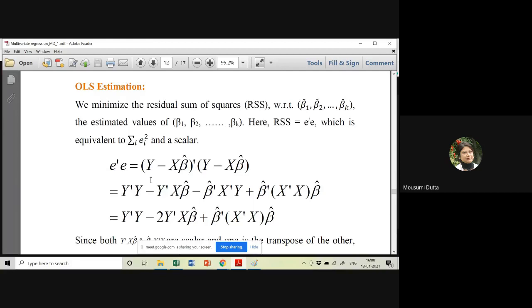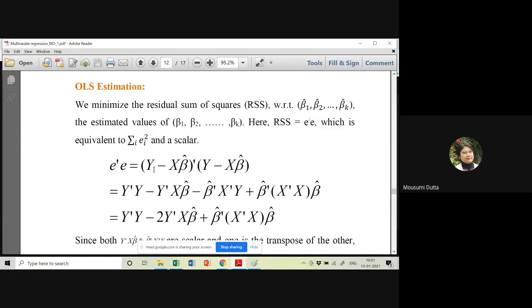If I apply transpose on the first part, it will be y transpose minus beta hat transpose x transpose. Multiplying, the first term is y transpose y.